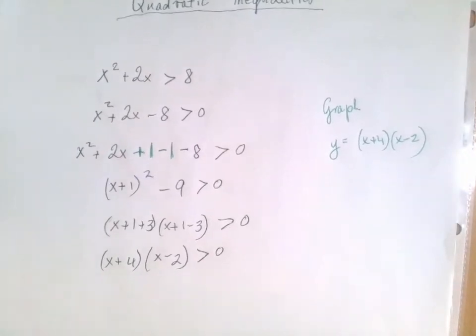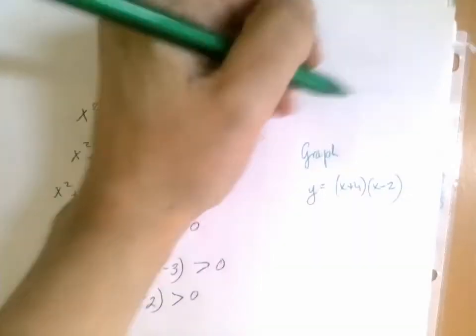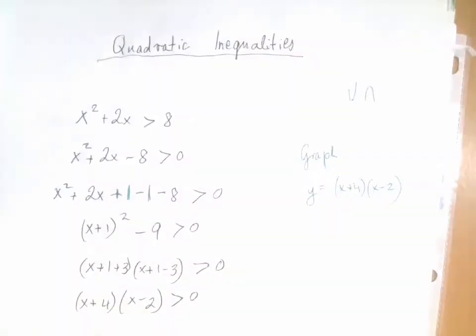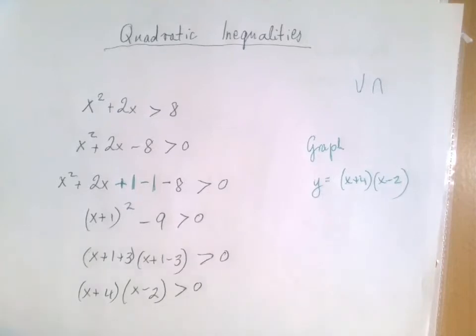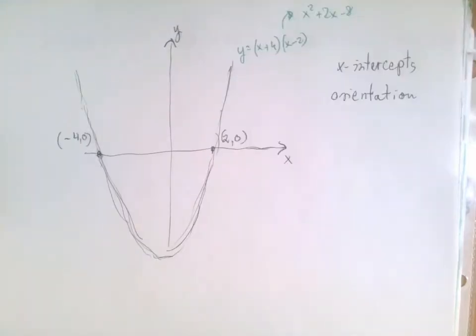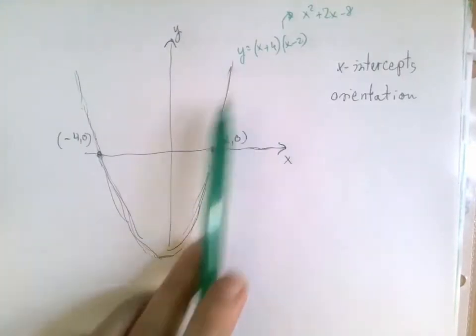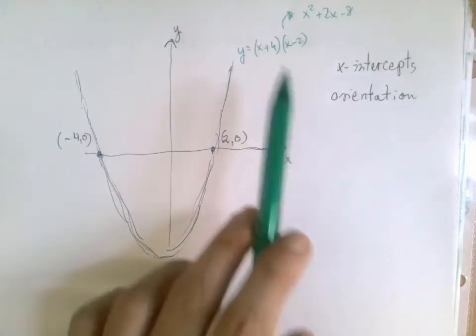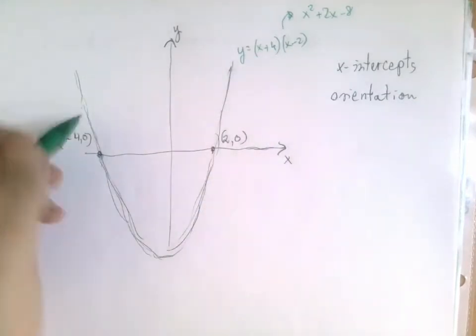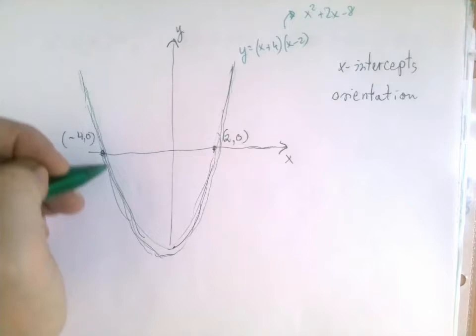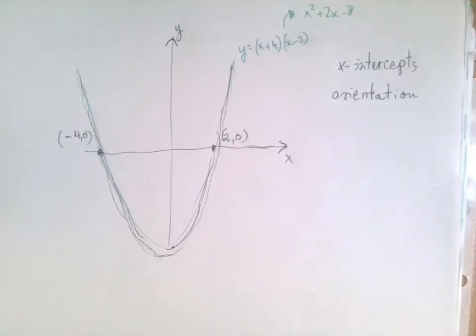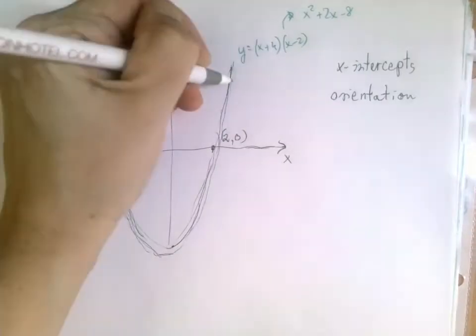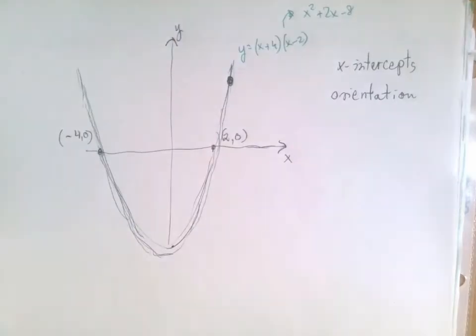All you need to correctly represent is the orientation, namely is it something like this or something like that, and the x-intercepts. Those two are not difficult. The x-intercepts are (negative 4, 0) and (2, 0), and the leading coefficient is positive, therefore the parabola is opening upward.